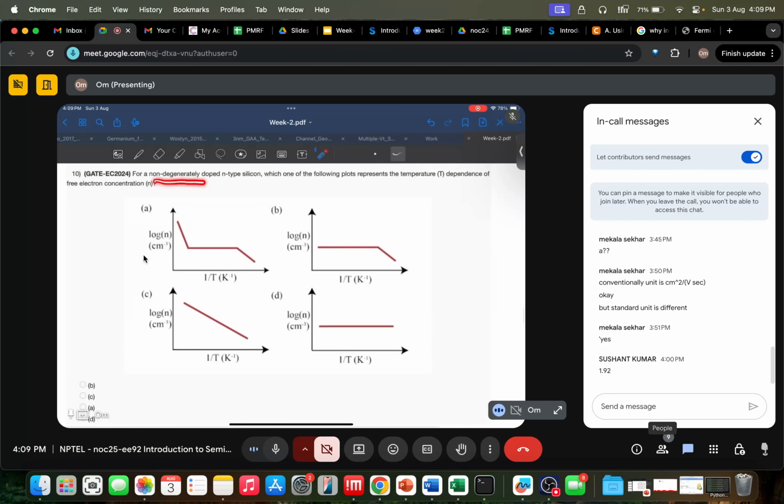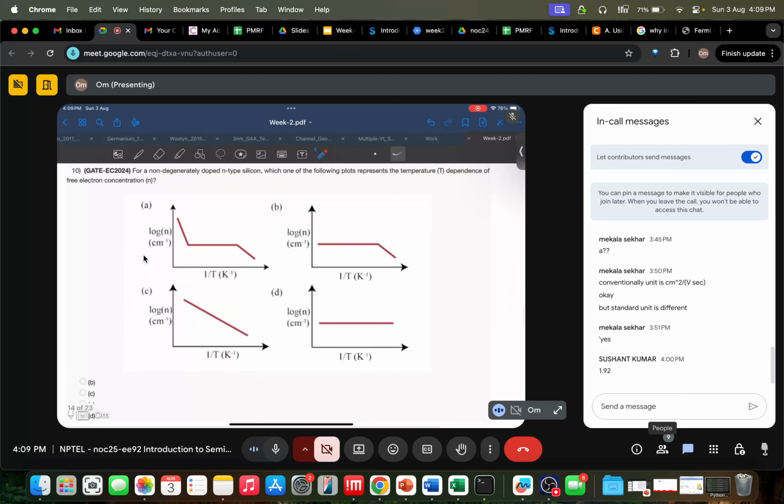For a non-degenerately doped n-type silicon, which of the following plots represents the temperature dependence of free electron concentration?